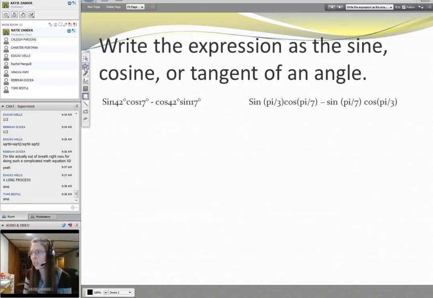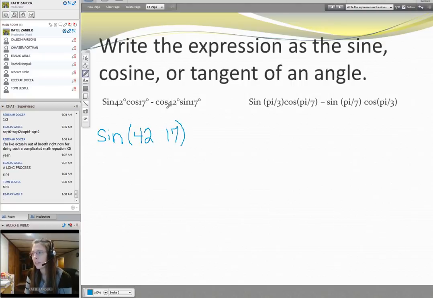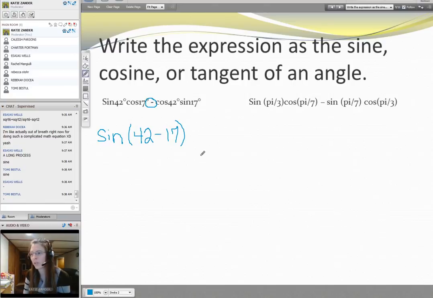So the first one here, Isaiah and Tommy said sine, all right, because it's got one of each, right? So with the sine formula, should I add or subtract the 42 and 17? Yeah, for sine, we copy that operation that we're using in the formula. So we are going to subtract here.